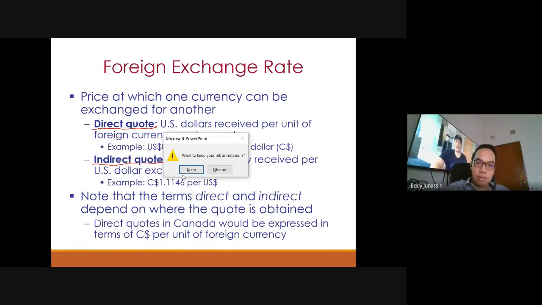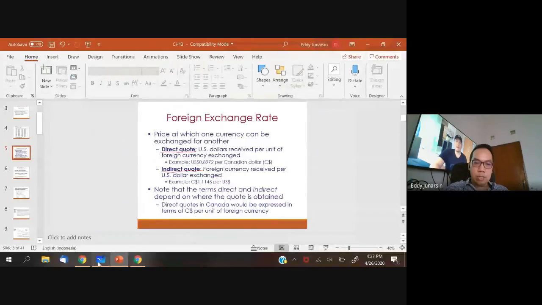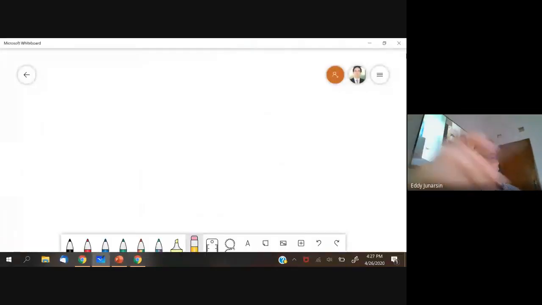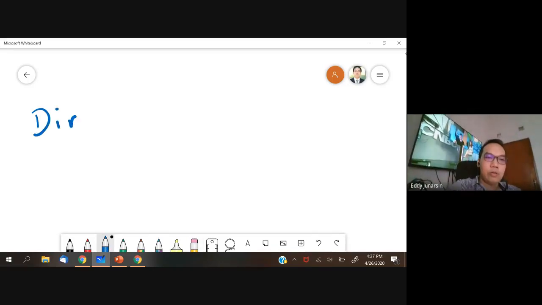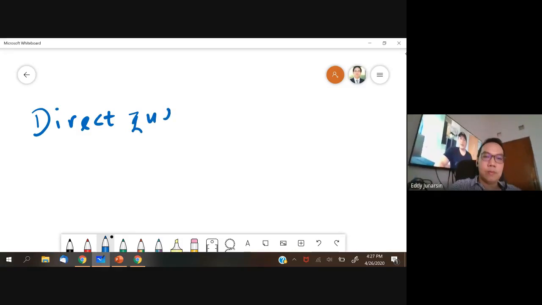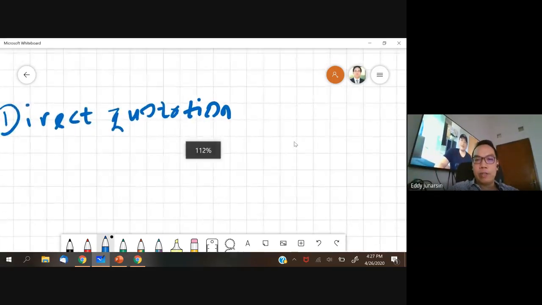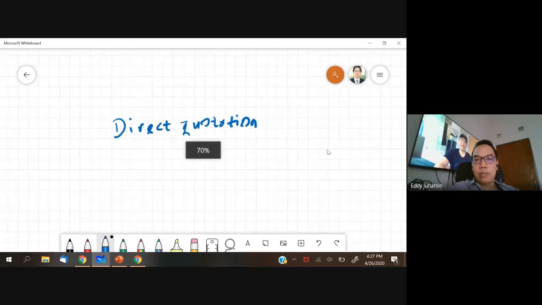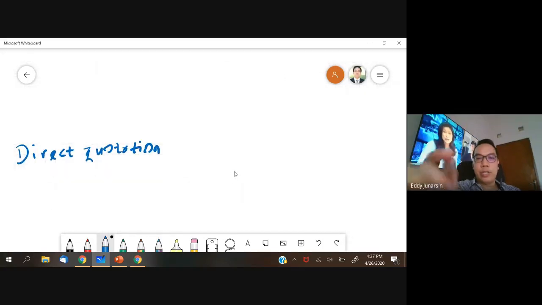So let me maybe write it down in the notes. All right, so for direct quotation, or direct quote, you mention your home currency in front, or we call it reference currency.